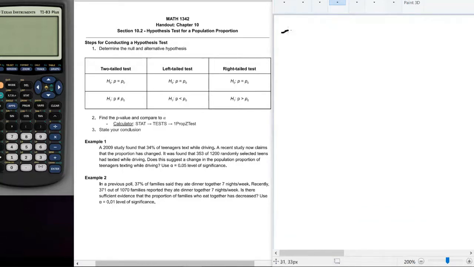Step 3 is to conclude. And in MyMathLab, they'll phrase it in a very similar way. This is what we'll say. So, reject the null hypothesis.